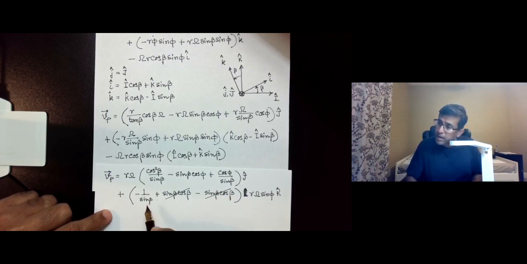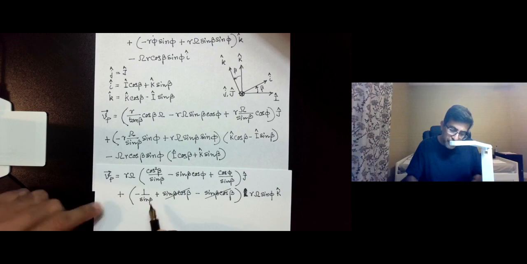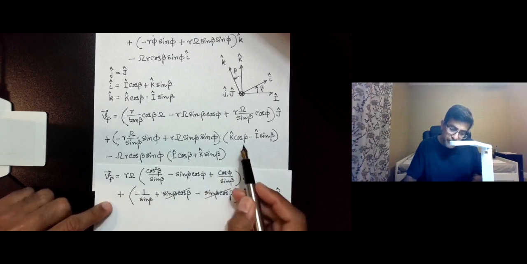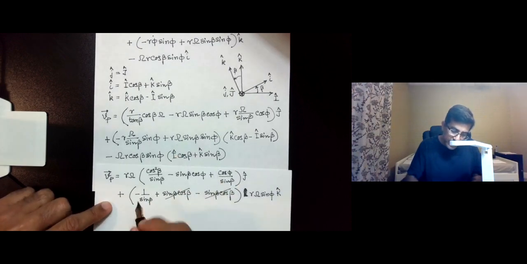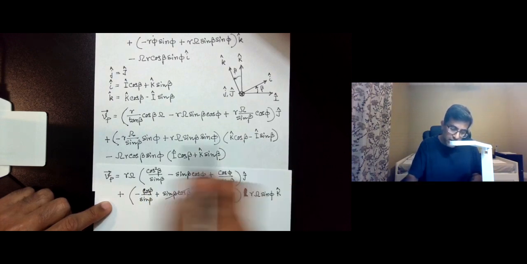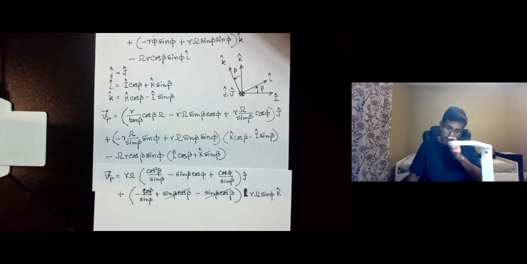Okay, so we are left with a rather simple term. And this actually should be cosine beta, because indeed cosine beta multiplies here.